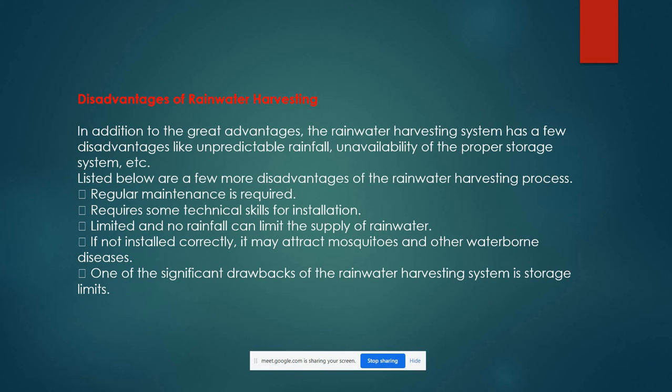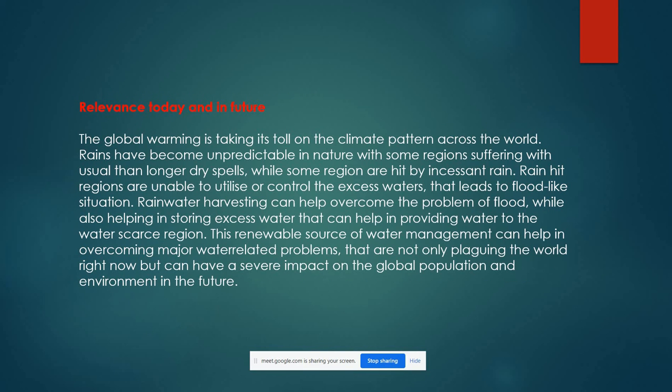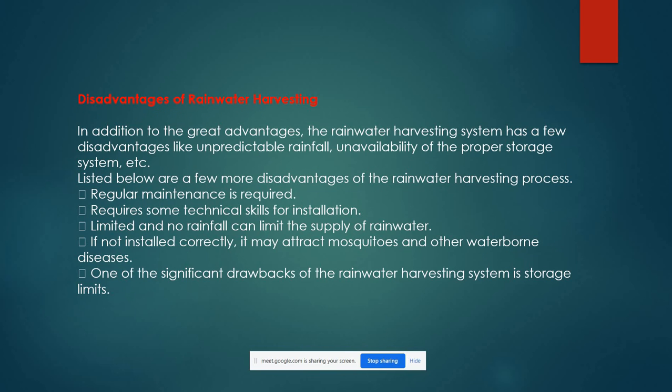Next is the disadvantages of rainwater harvesting. In addition to the great advantages, the rainwater harvesting system has a few disadvantages like unpredictable rainfall, unavailability of a proper storage system.